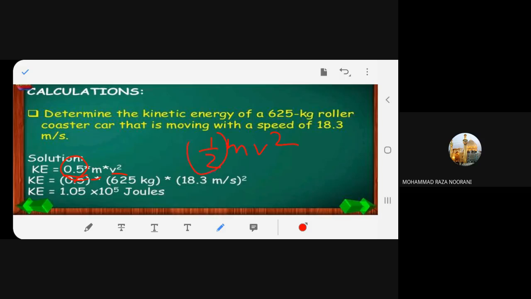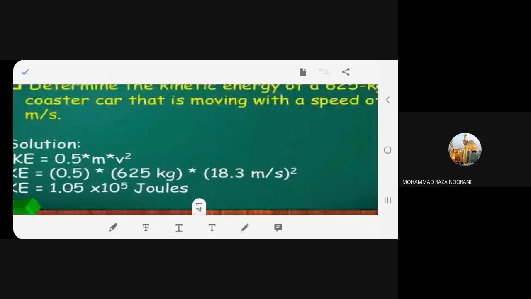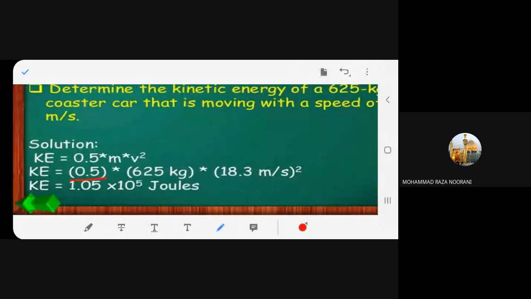This half is taken as 0.5 to make it easy. So 0.5 remains like that. M is 625 kg. V is 18.3 whole square. That means I have to multiply 18.3 by 18.3. Agree?